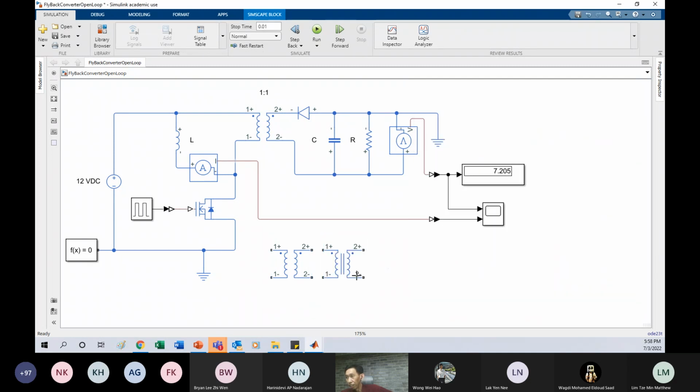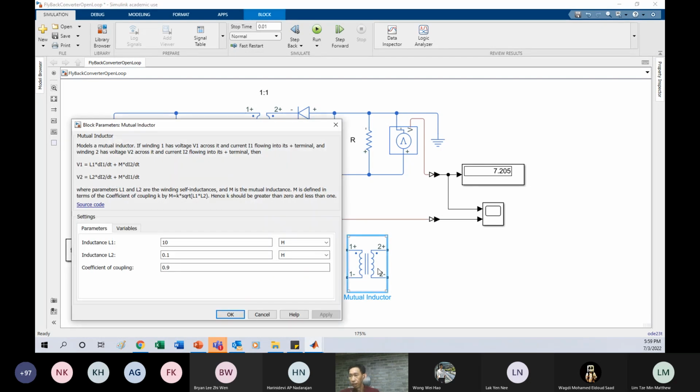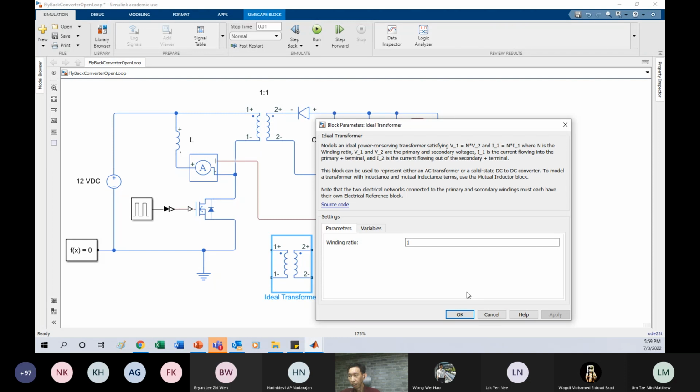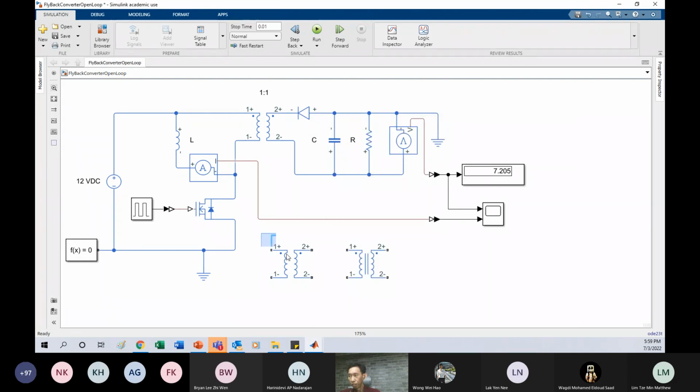The problem with the mutual inductor is that you need to know the L1 inductor, the L2 inductor, and the coefficient of coupling. So it's very different. This one you just need to know the winding ratio.